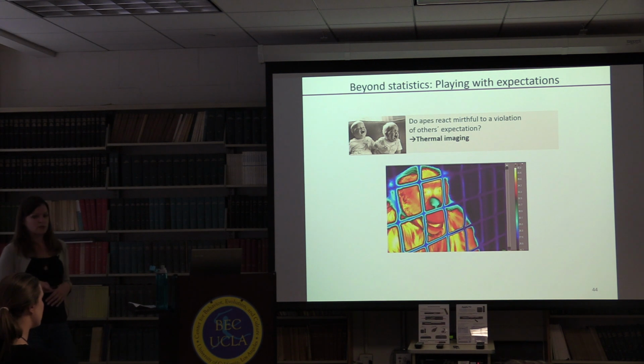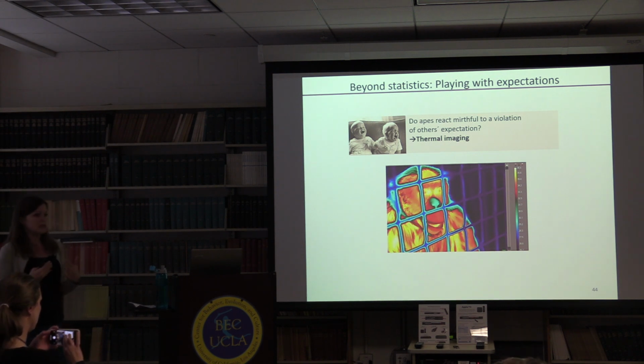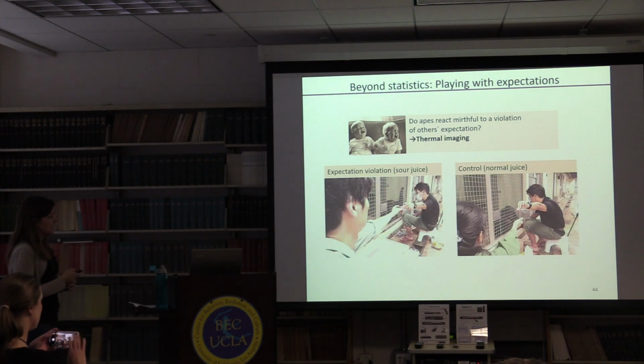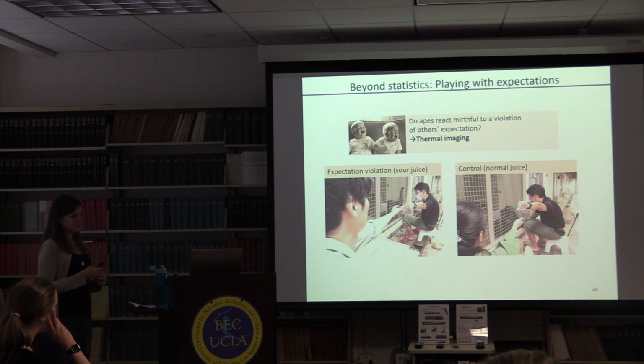In great apes and also in humans, this is especially apparent in the nasal area. So the nasal skin temperature drops when we experience emotionally arousing events. And so also here I compared the nasal temperature in a condition in which the expectation violation happened to a condition in which it did not happen.